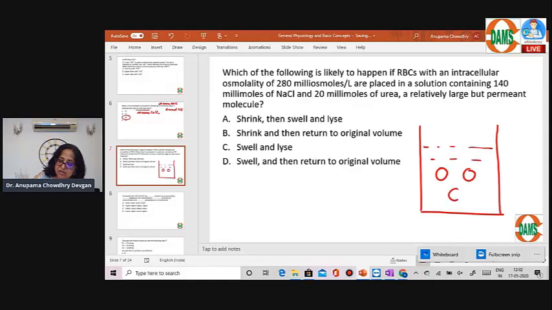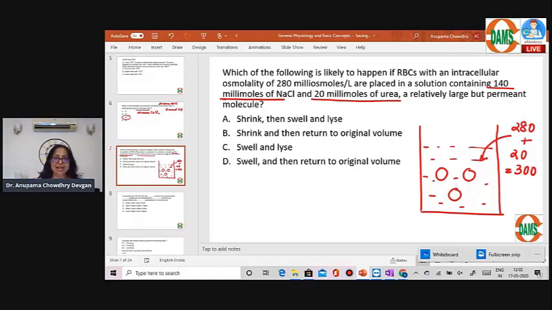RBCs have an intracellular osmolality of 280. The outside solution is 140 millimoles of NaCl and 20 millimoles of urea. So that means outside osmolality will be 280 plus 20, which is 300 milliosmoles.